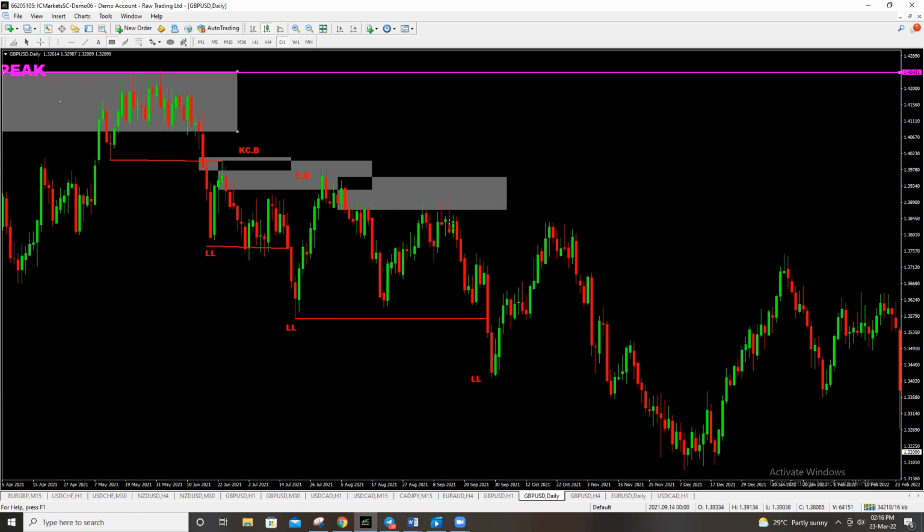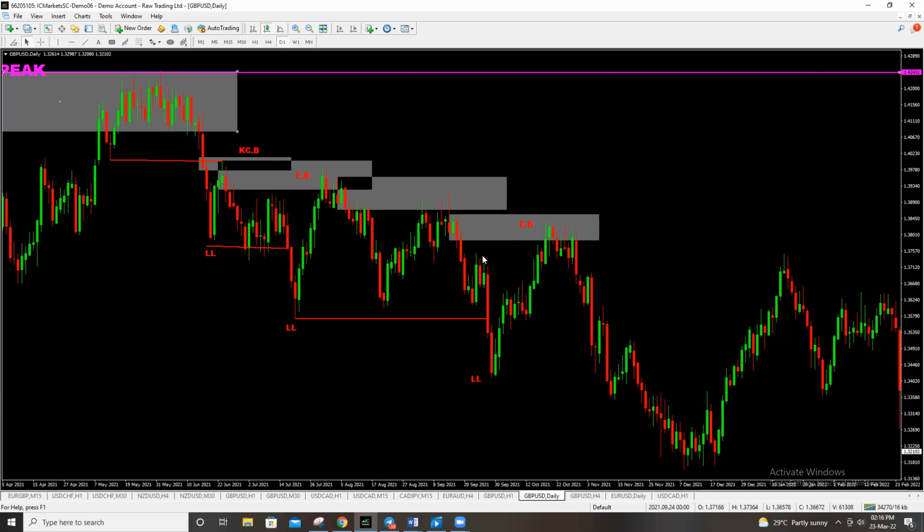Then from there, we have this block here that gave us this move that broke previous structure. And what type of block is this? This is, of course, an engulf. So we have the engulf again. And what are the characteristics of an engulf? Because it's very, very strong, it breaks structure and the market has to come back to it, to trade back to it, and it has to take out liquidity, okay?